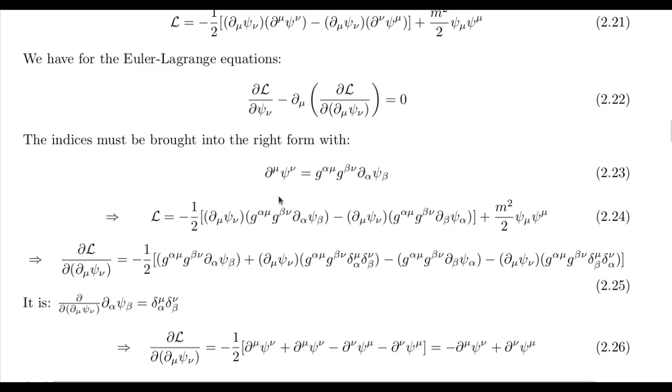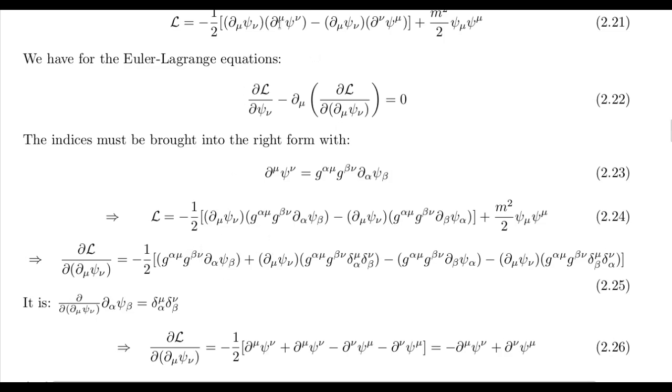So instead of d mu psi nu contravariant, we write here covariant indices alpha and beta and use the metric tensor to pull these indices down here. That should be clear from tensor calculus.